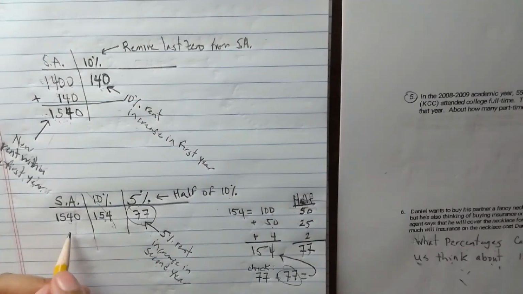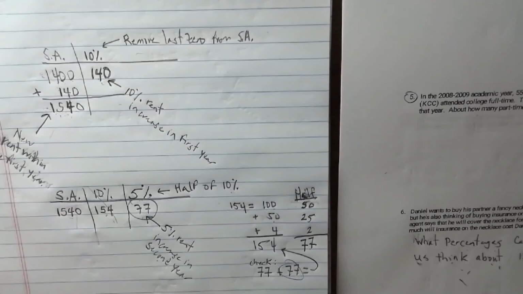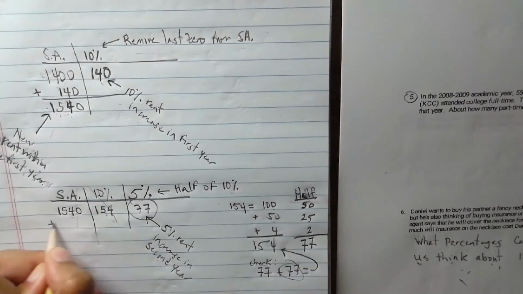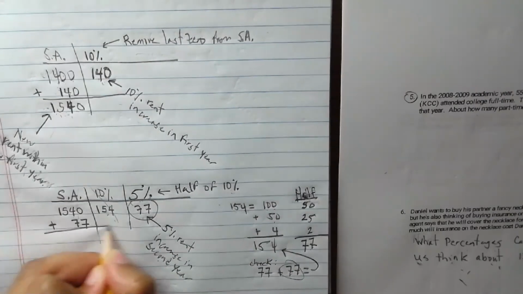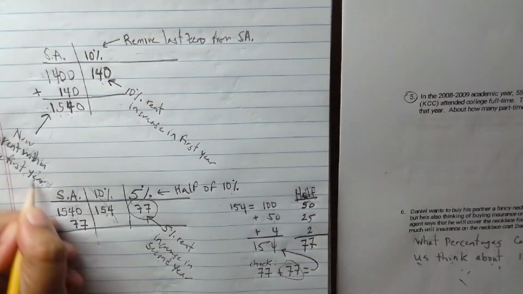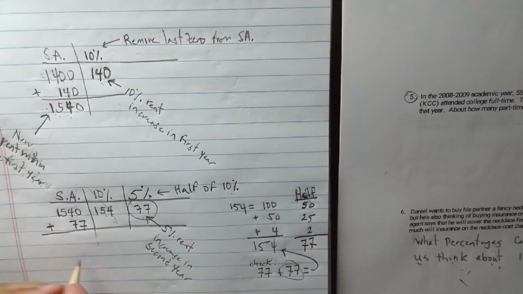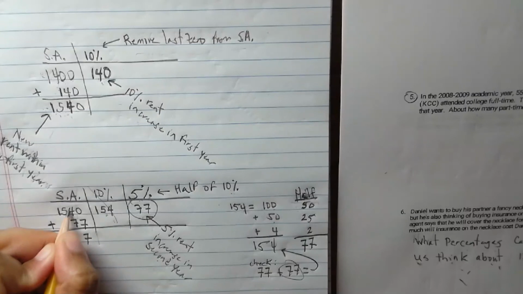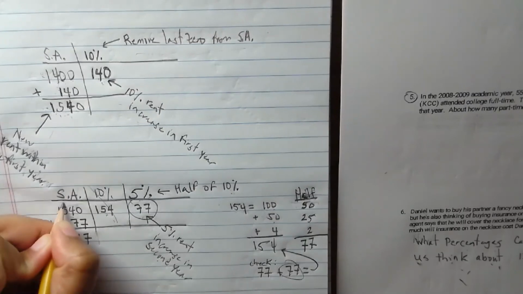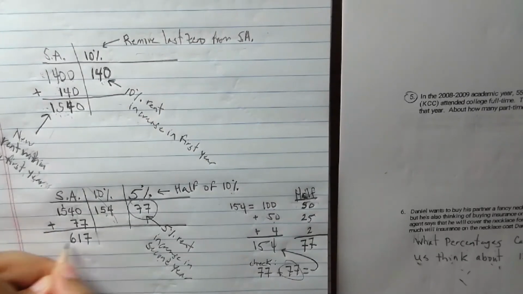So let's show that it happened by adding 77 to the previous rent from the first year. So what would that be? That would be 7 plus 11 plus 5 and 1 is 6.